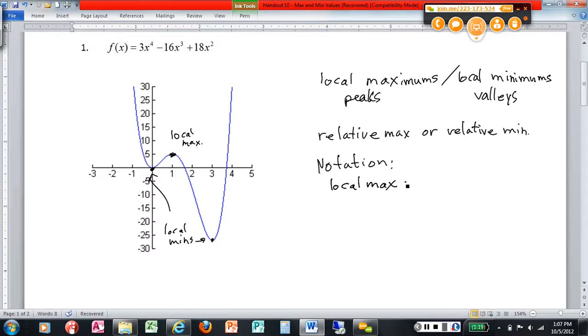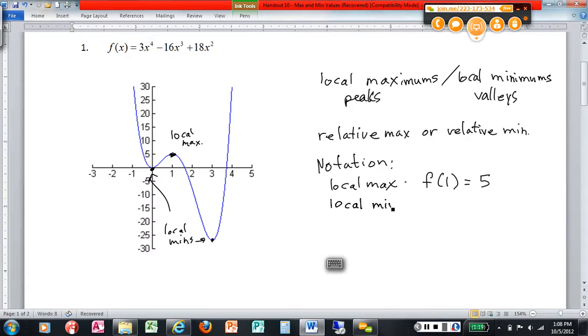And so the local max here is f of 1. In this case, we just so happen to know that this point is (1, 5), so if we plug in x to be 1, y would be 5. You won't always necessarily have to know that, but we do here. And if you don't know it and need to know it, you just plug in x to be 1, and that's how you get f of x to be 5. But that's the notation: f of x equals the y value. That's how we'd like you to write these local minimums and maximums.